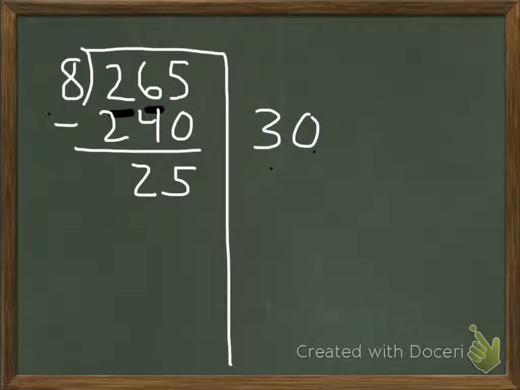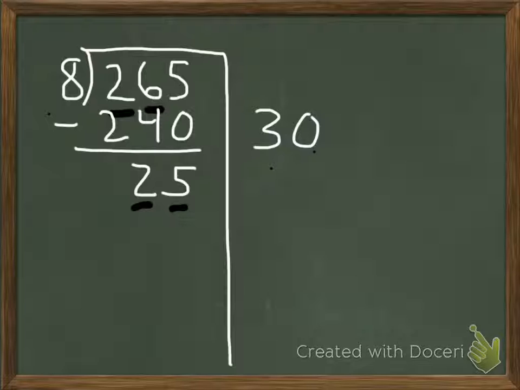This is actually going to go pretty quick. 8 goes into 25 how many times? Well, we already know this from before. It's going to go in 3 times, and once again I'm looking at my 25 because obviously 8 can't go into 2. I have 2 by itself, so I need to add the 5 onto that, which is 25, so I need my 10s and my 1s here to help me out.